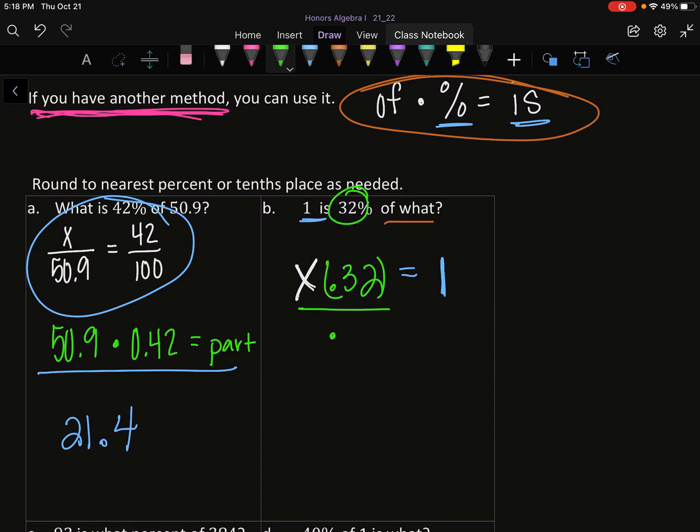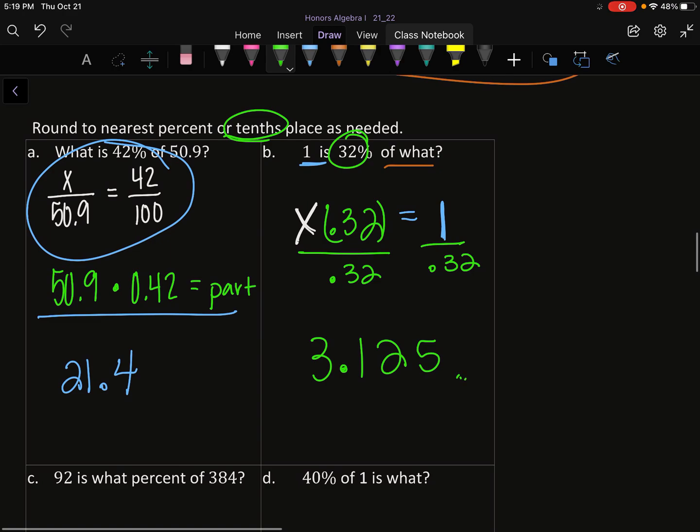Just divide by that 0.32. And it looks like I have 3.1. It's 3.125 if I really wanted to write it out. I just round to the tenths place. But this is nice because it was a terminating decimal.